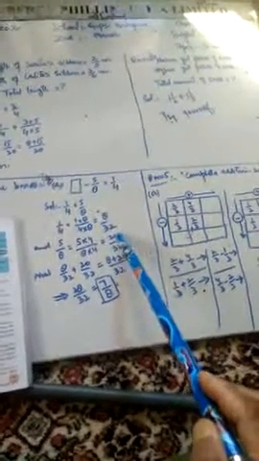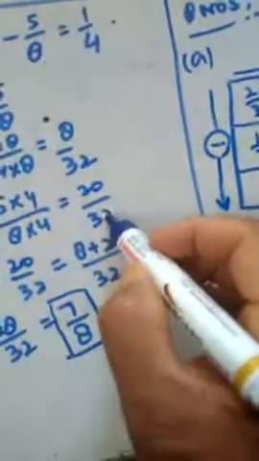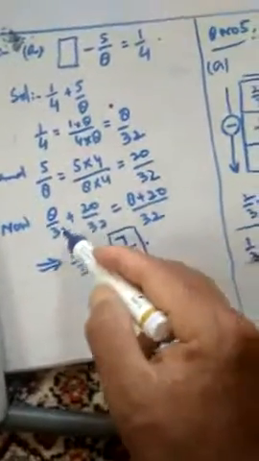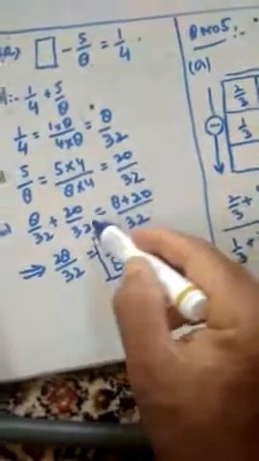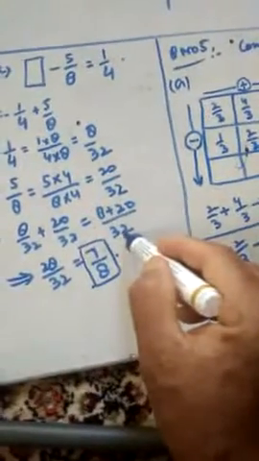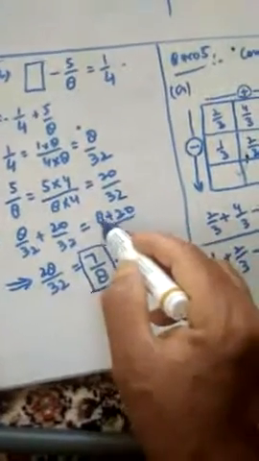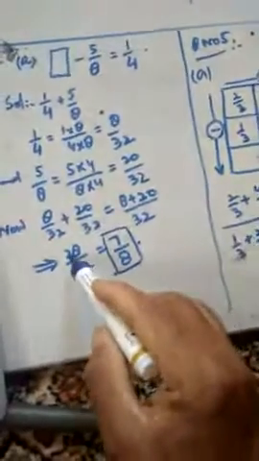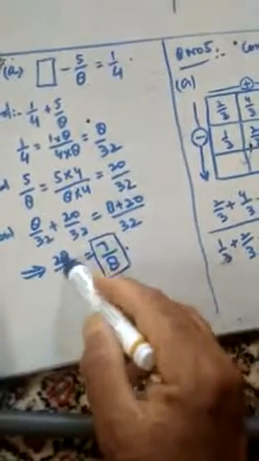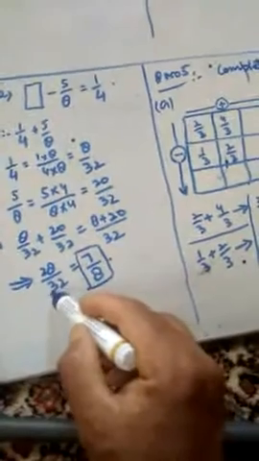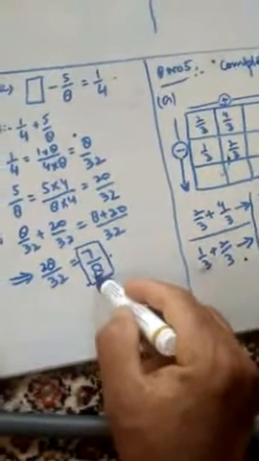Its answer is 20 by 32. Now adding 8 by 32 plus 20 by 32, being like fractions, retain the same denominator and add the numerators. 8 plus 20 will be equal to 28 by 32. Reducing it to its lowest form, it will be equal to 7 by 8.